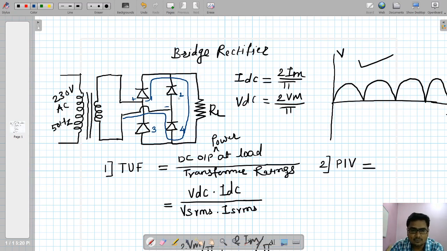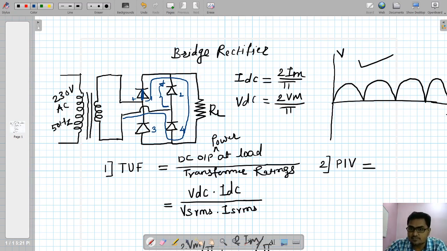If I consider diode 2, then this voltage is positive and diode D1 is conducting. It means, let me make it a short circuit. So this positive voltage is here, just assume, and this negative voltage is there. The diode 2 is handling only one peak.